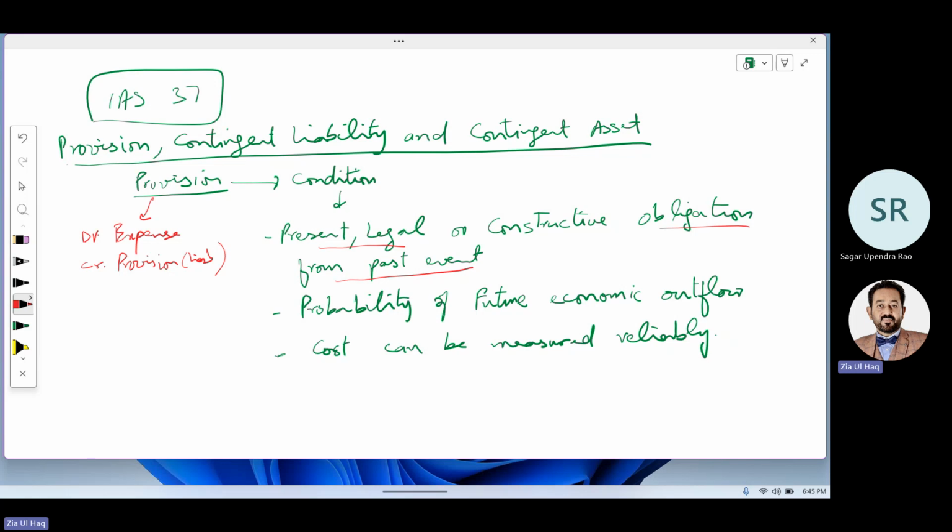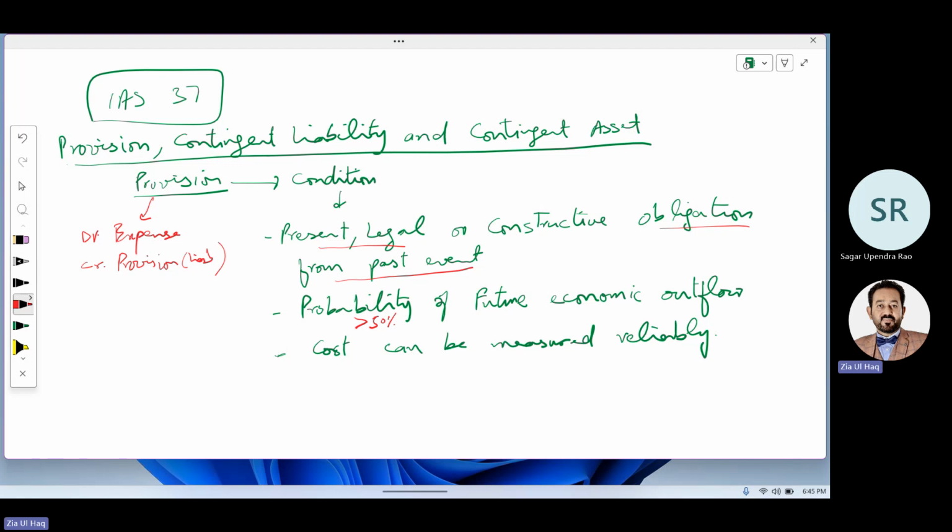I'm not discussing constructive now. There is a present legal obligation from a past event. And the chances of payment against fines and penalties are probable, meaning above 50%, greater than 50%. If that body has sent you a notice, or the court has sent you a notice, you have to make payment against this.